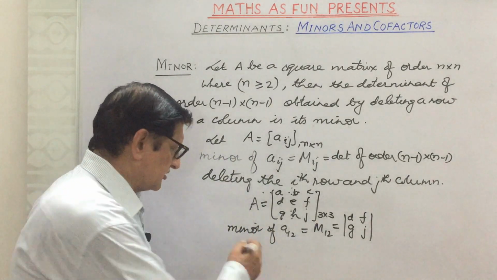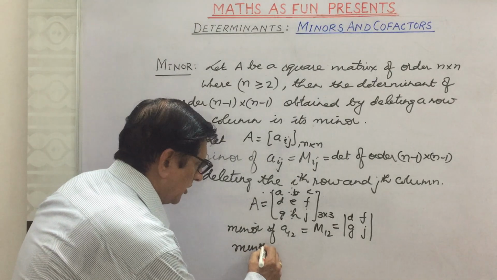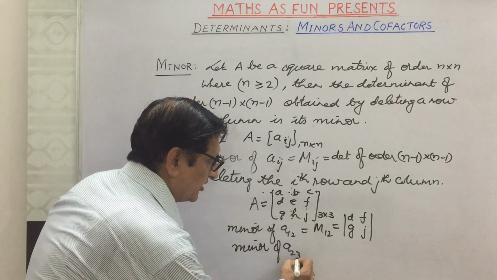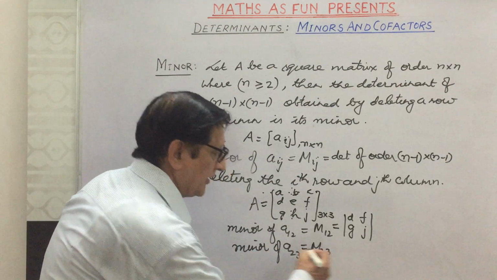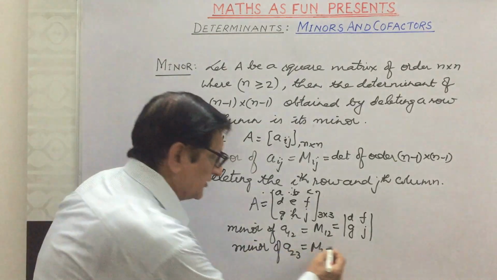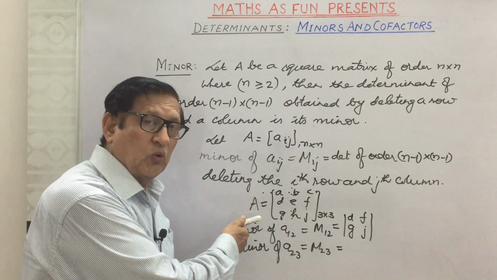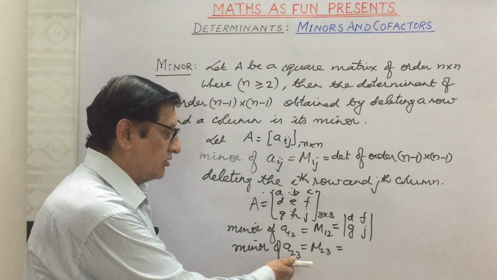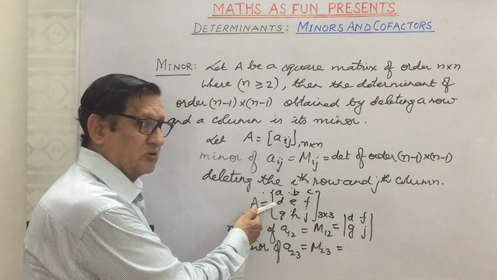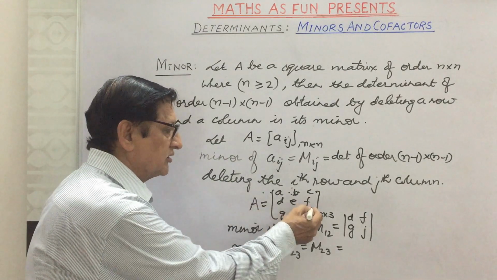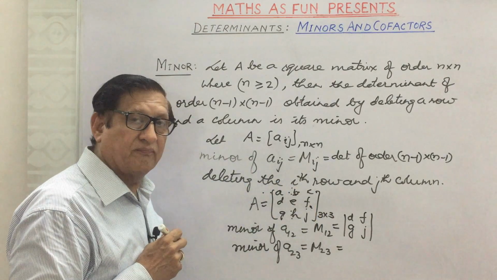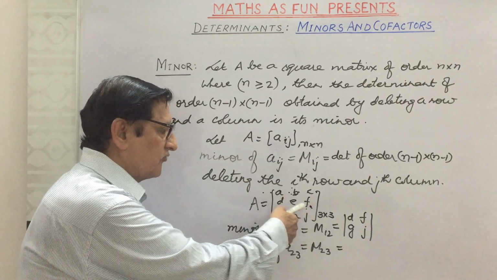Suppose we want to find the minor of A23, that will be represented by M23. To obtain this, we will leave the second row and the third column. M23 means second row and third column. This is F. We want to find the minor of it.